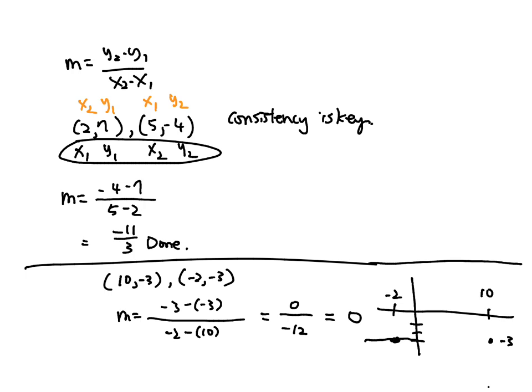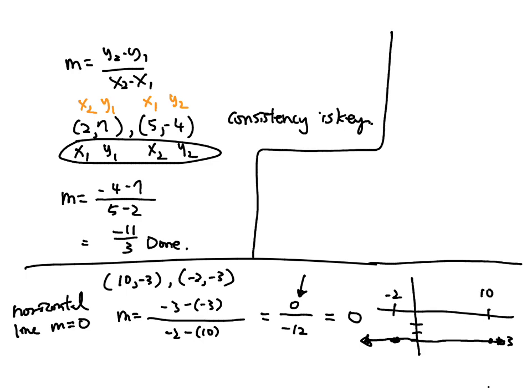If you connect the dots, you have a horizontal line. The horizontal line has a slope equal to 0, because if you use the slope formula, the y values cancel each other out, leaving you with a 0 on the top.